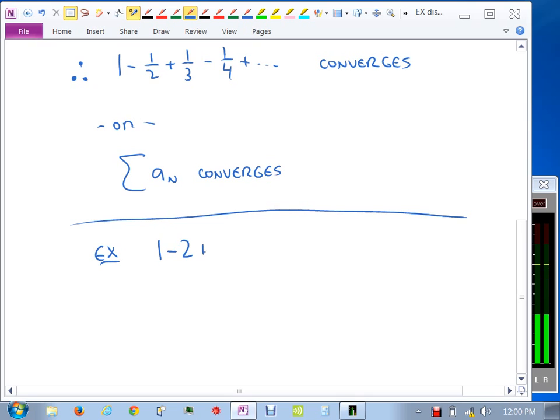What's 1 minus 2 plus 3 minus 4 plus 5 minus 6 plus and so on? Try the test. This is an alternating series, right? Try the test. What's the formula? The sum from n equals 1 to infinity of negative 1 to the n plus 1 times n, right?